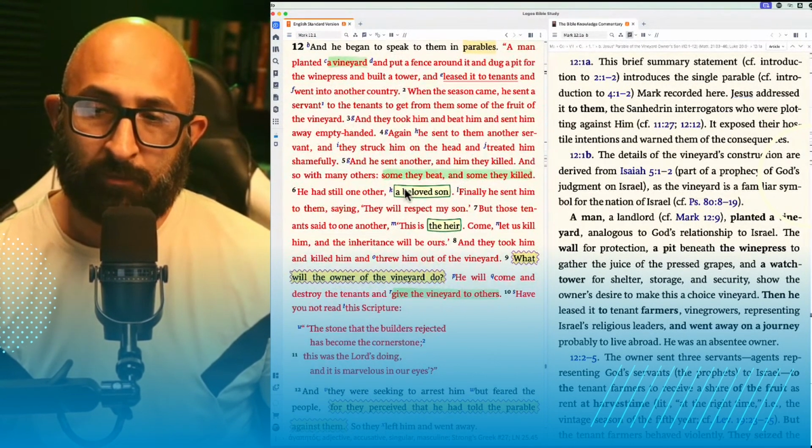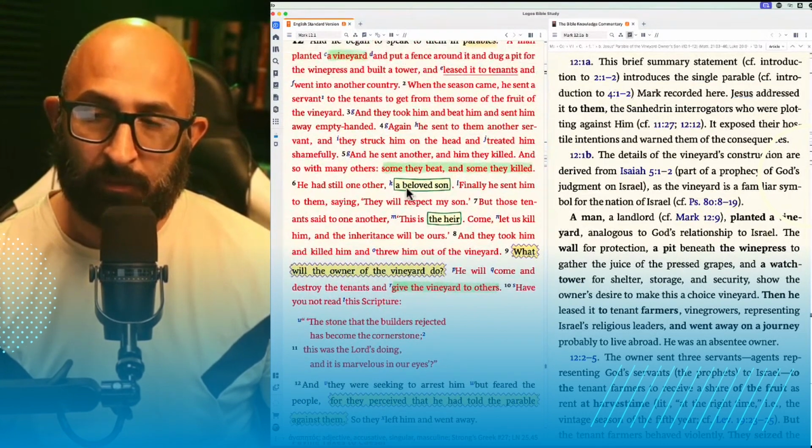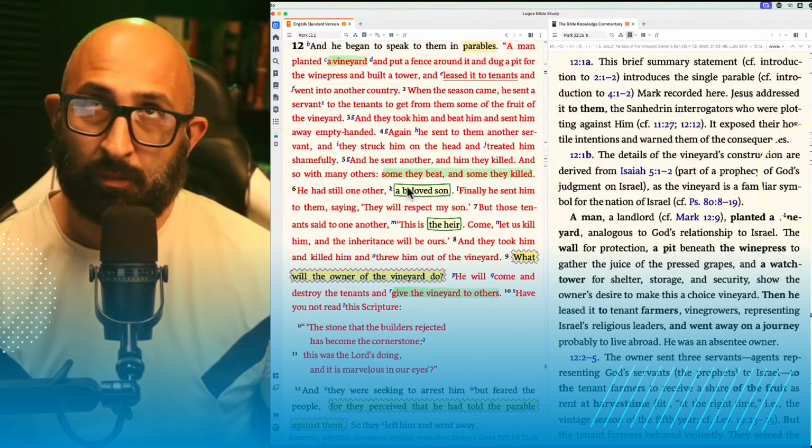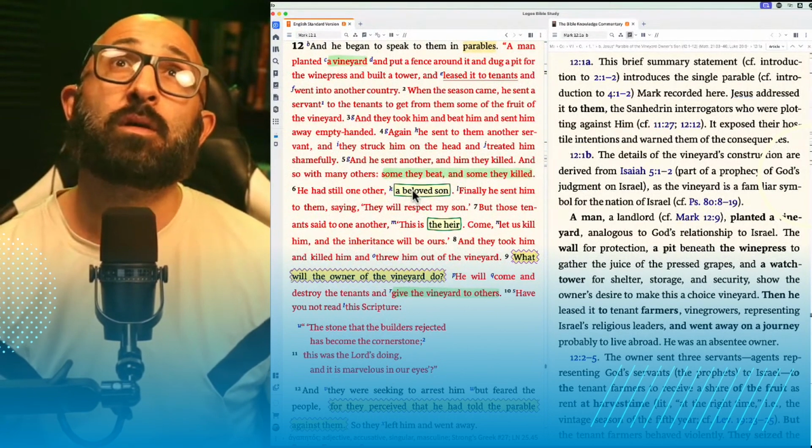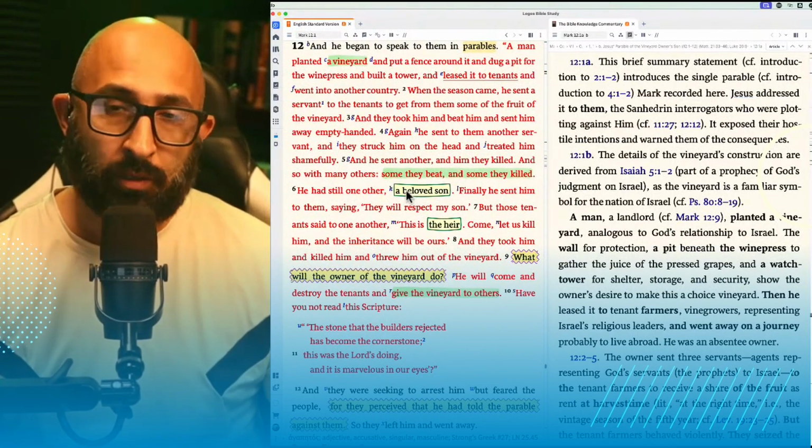But I think there's enough internal evidence that this is a parable that very clearly speaks against the religious leaders, and they get that. One of the things that you guys should pay very close attention to is internal evidences within the text.